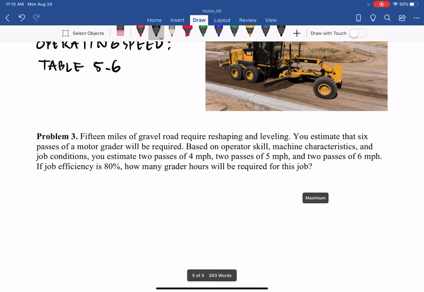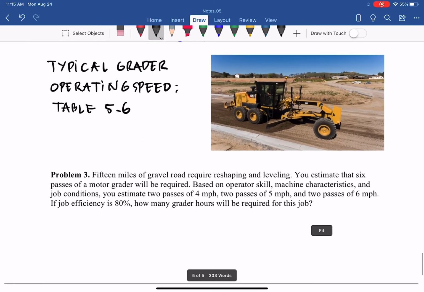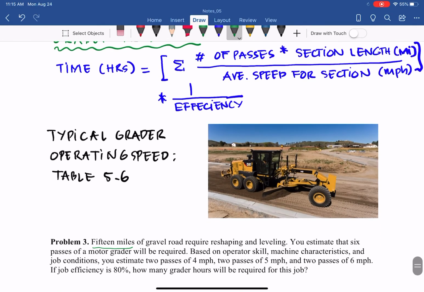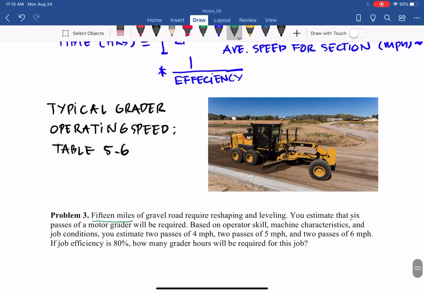So let's apply that to Problem 3. 15 miles of gravel, so that is the section length required for reshaping and leveling, which needs a grader. You estimate that 6 passes of the motor grader will be required.